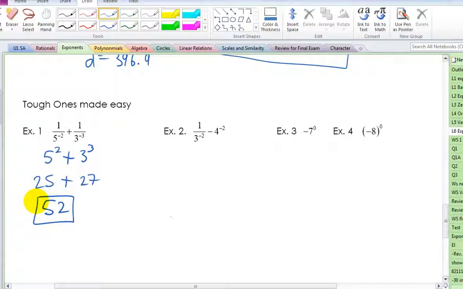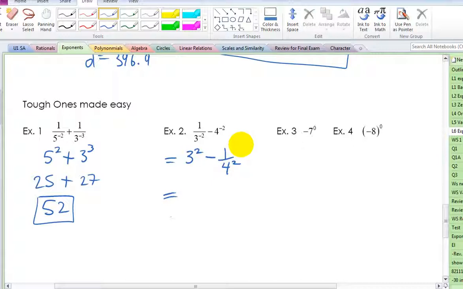Okay. So now we're going to do the exact same idea for this next one. First thing you want to do is not subtract, it's fix your negative exponents. Go. Make your exponents positive. Okay. Now what you want to do is evaluate your exponents.